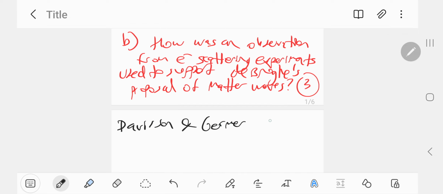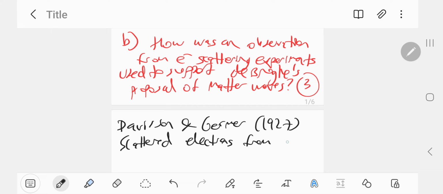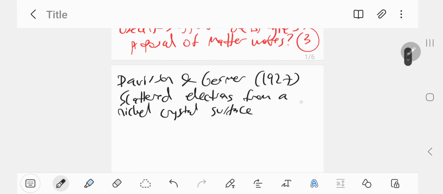Davisson and Germer, okay, in 1927, they basically scattered, so here's your response, scattered electrons from a nickel crystal surface. Nickel is the metal. Nickel crystal surface, creating a diffraction pattern.